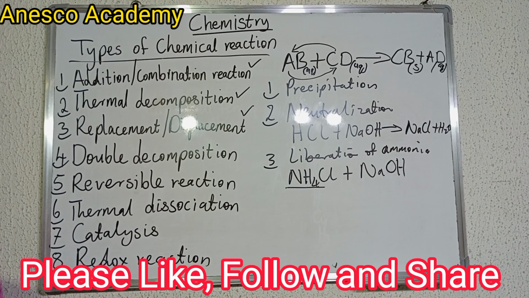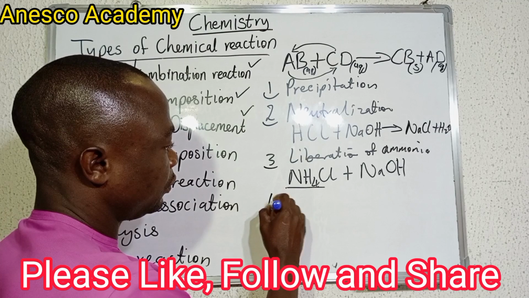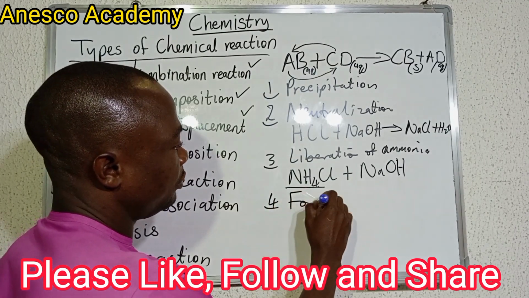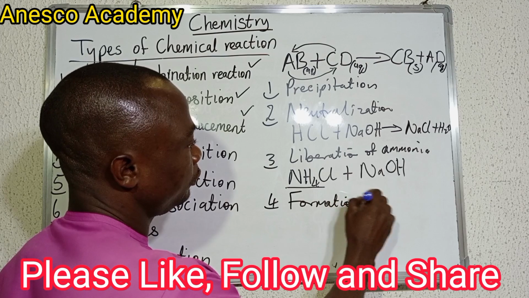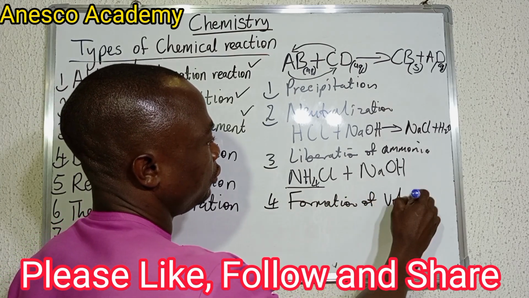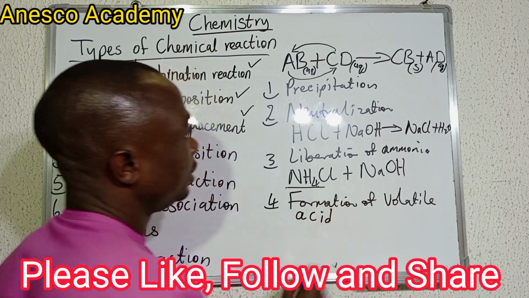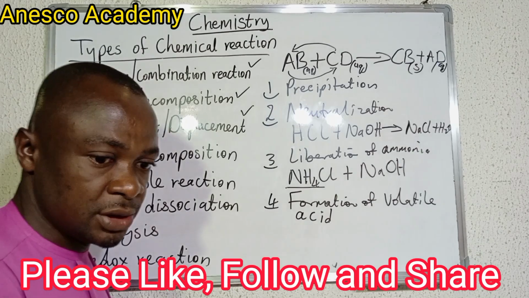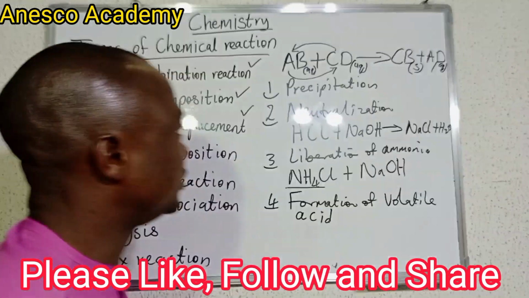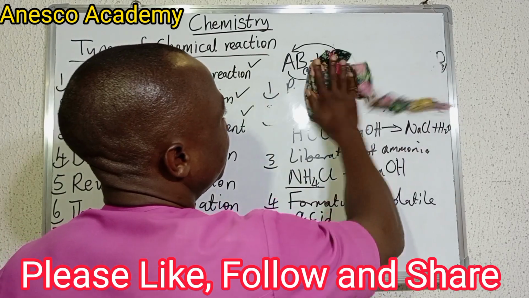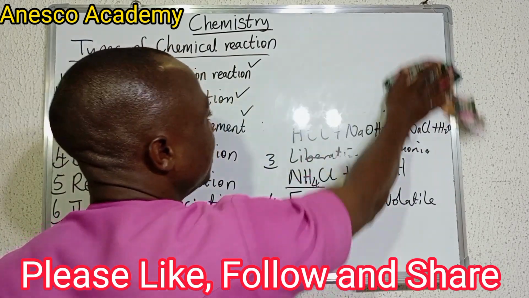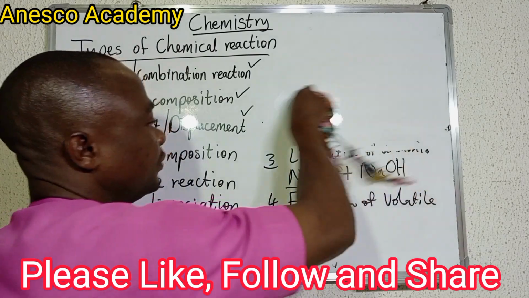Okay, the last one is formation of volatile acid. That is the fourth one. How is volatile acid formed? Let me give you the breakdown of the arrangement of acids based on their volatility.